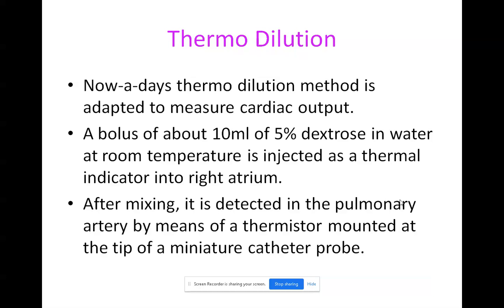By keeping a thermistor at the tip of a miniature catheter probe, using the catheter you are able to measure the blood flow in the heart. On the catheter probe, you mount one more thing, that is the thermistor, which is used for detecting the mixed thermal indicator in the heart blood.